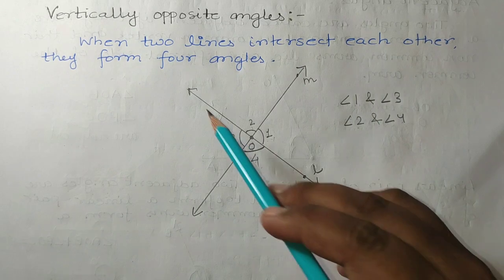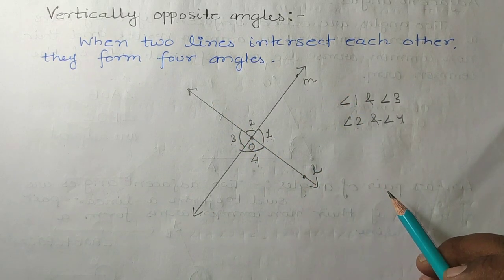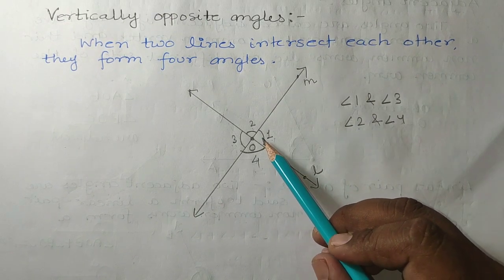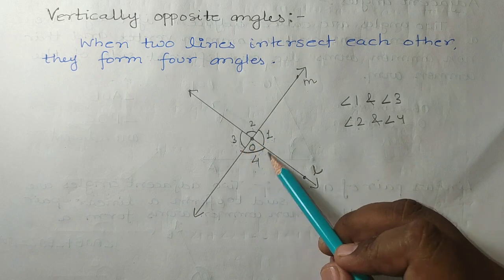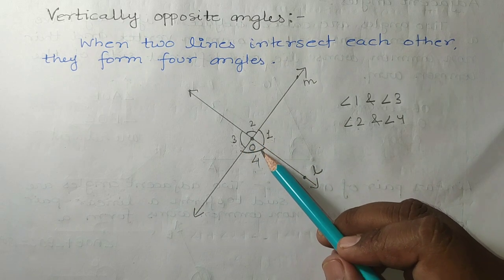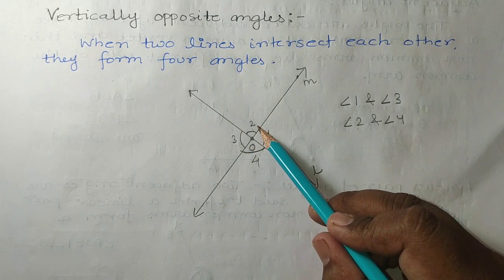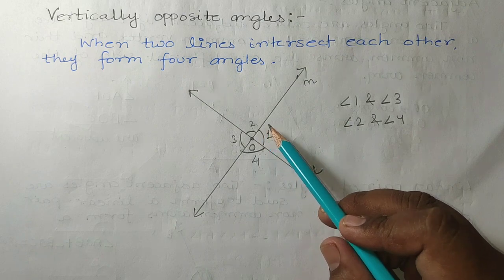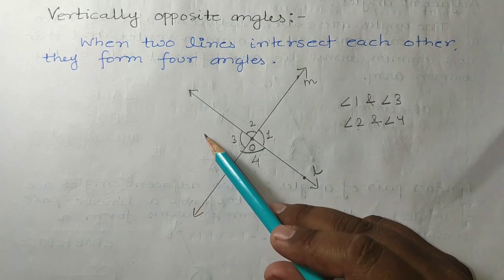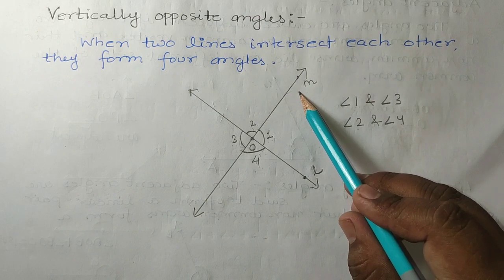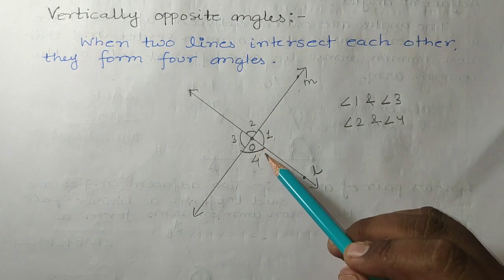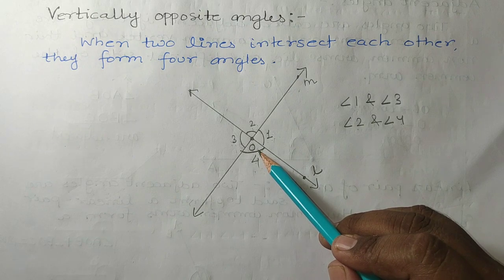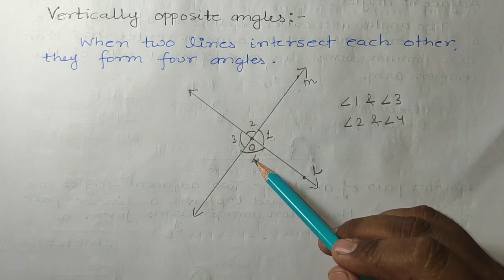After that we have studied vertically opposite angles. I have told you if two straight lines are intersecting each other, then they form four angles, and in these four angles, the angles that are opposite to each other are known as what? Vertically opposite angles. Like here L and M are straight lines intersecting each other at point O, and for that reason they are forming four angles.